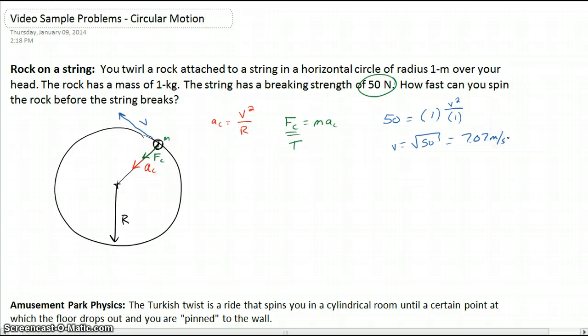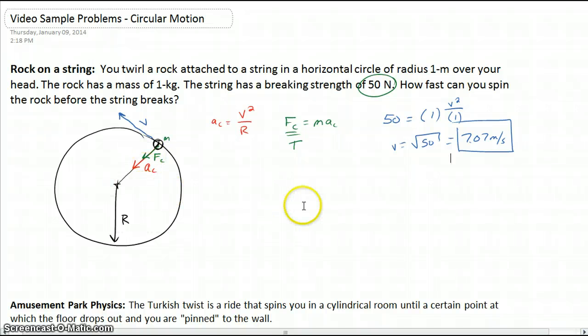We didn't even bother finding the acceleration, we just jumped right to the velocity. That is the maximum velocity that this rock can go. Any faster, and the string can't do what it needs to do to keep this thing moving in a circle, and the string will break.